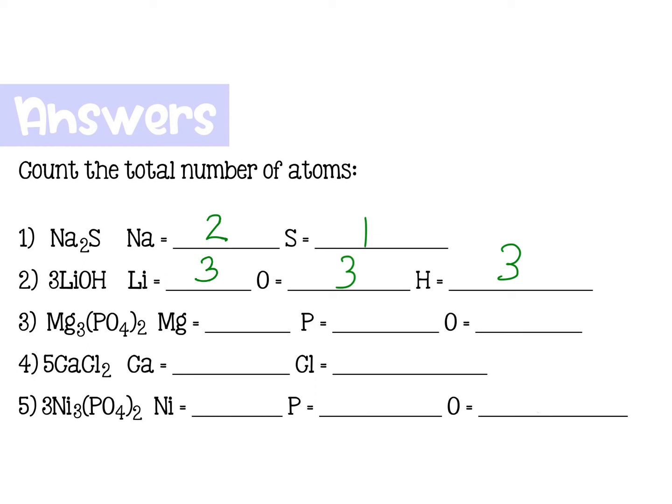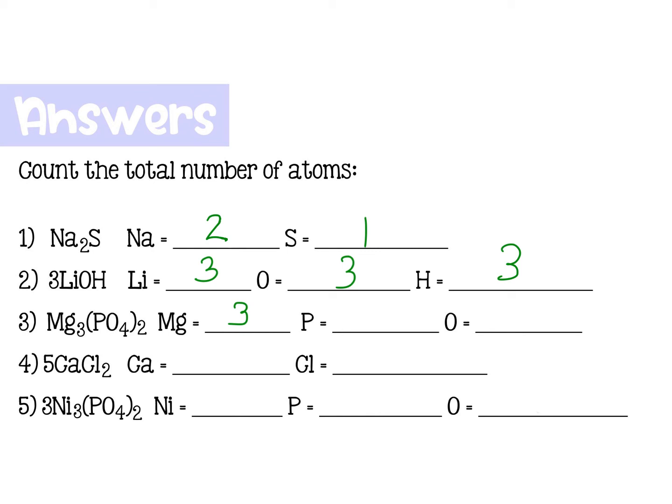Now let's look at number 3, magnesium phosphate. Notice how the magnesium has a subscript of 3. Notice how there is a parenthesis around the PO4.